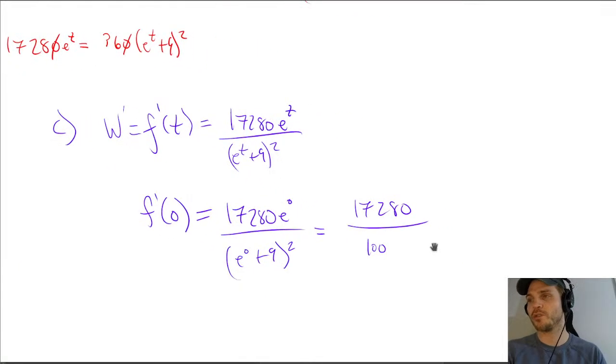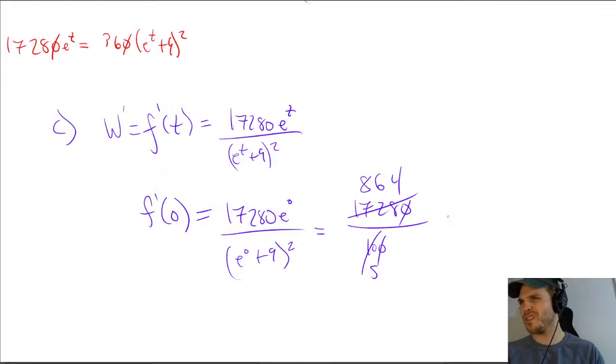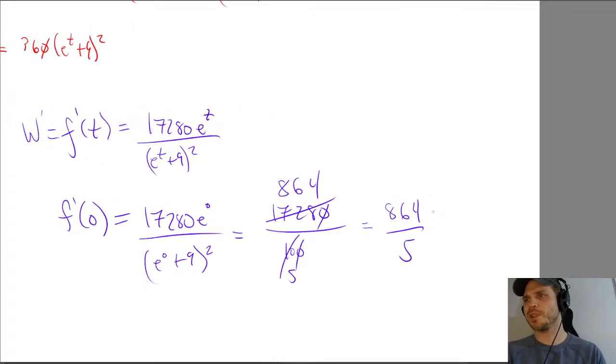10 squared is 100. We can lose a power of 10 there. We can take a 2 from here. This will be 864 over 5. This is pounds per year. And, you know, I like improper fractions.